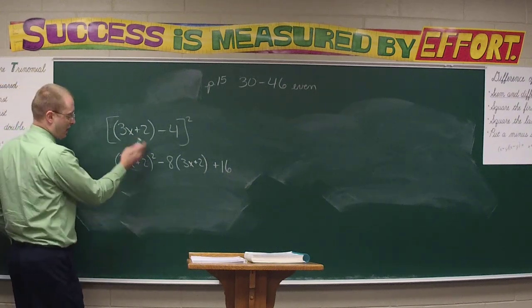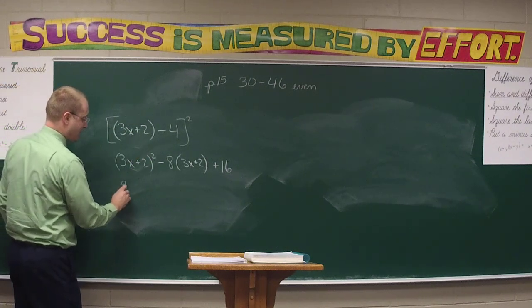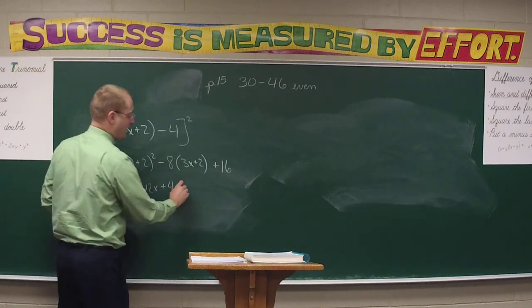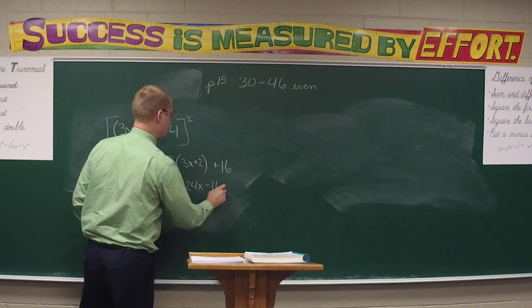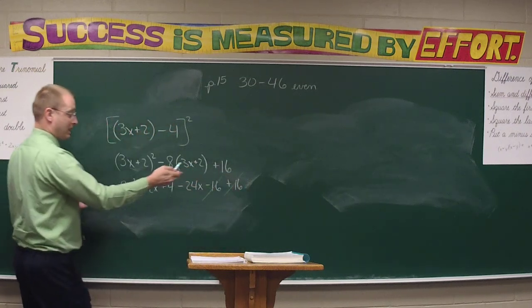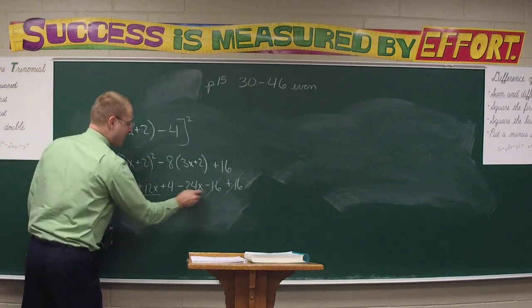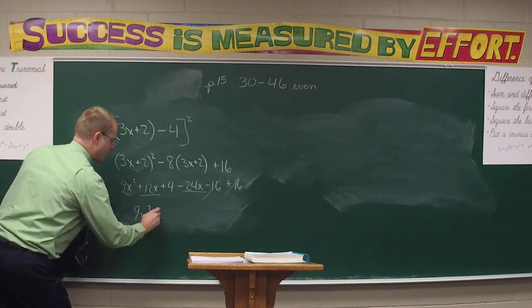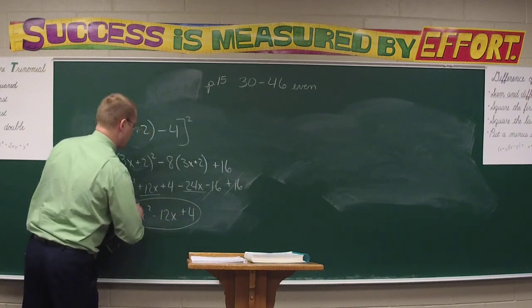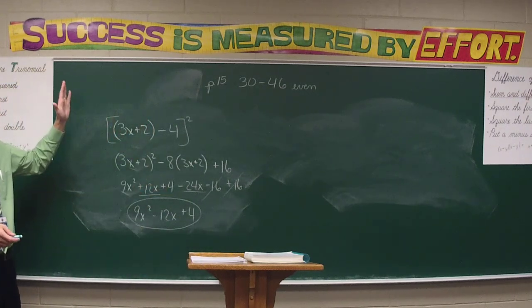We would square the polynomial here, and we could get 9x squared plus 12x plus 4. We could distribute the 8 to get minus 24x minus 16. And of course, we have this plus 16 at the end. Very conveniently, plus and minus 16s cancel. I can combine these 2 terms, and that'll give me minus 12x, and I get a positive 4. How many ended up with this answer, even if you didn't do it this way?